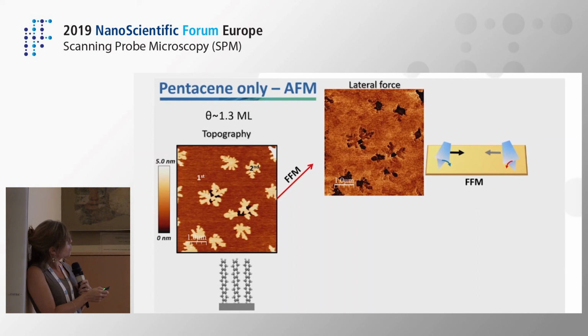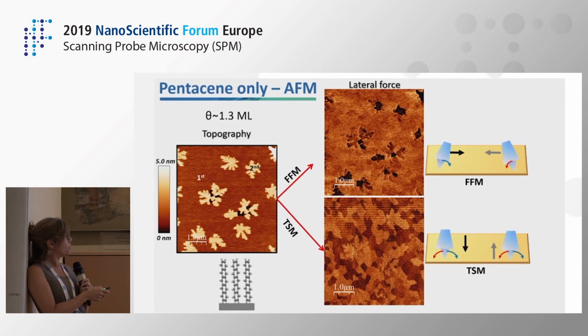Probably the most important characteristic is these areas in the second layer islands, which indicate a low friction. Our hypothesis is that these areas correspond to a higher crystalline packing of the pentacene, probably in plane register with the first layer of the pentacene.